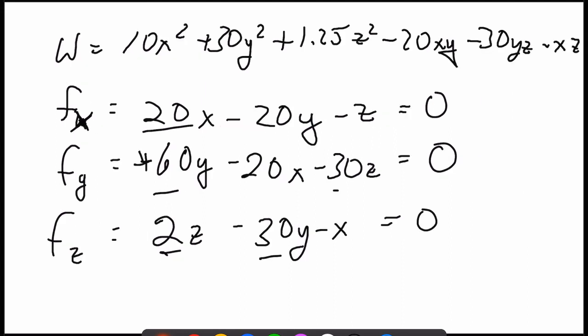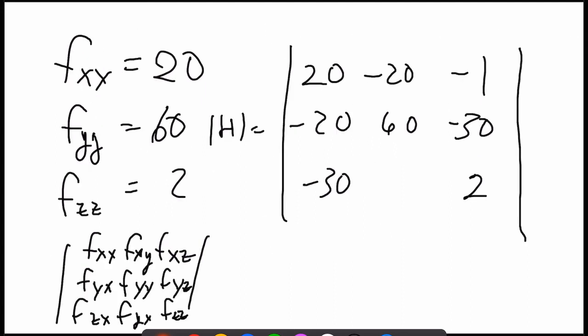And fzx is minus 1. And look, actually, I screwed that up, right? That's minus 1 and that's minus 30. And it's a beautiful symmetrical matrix.